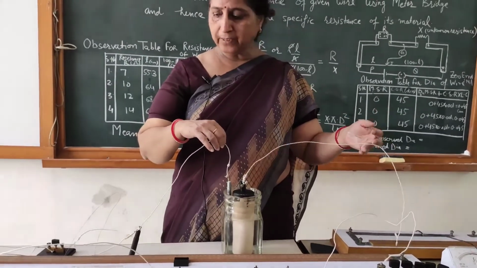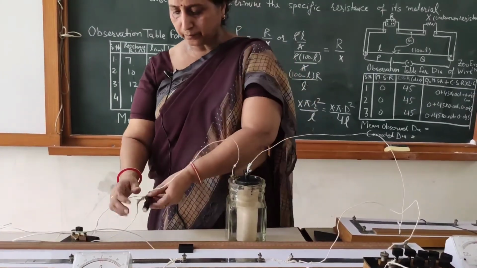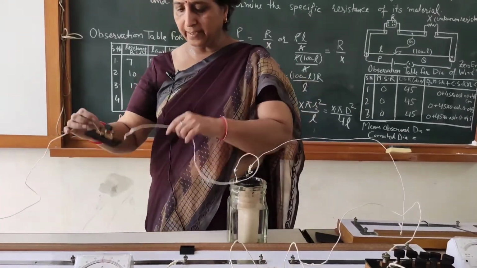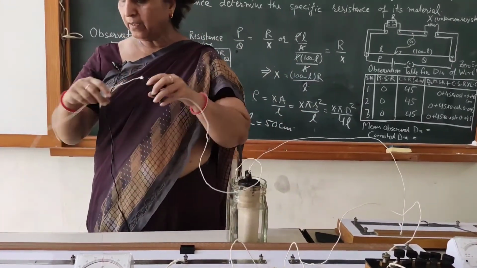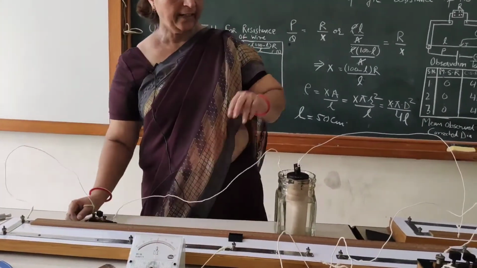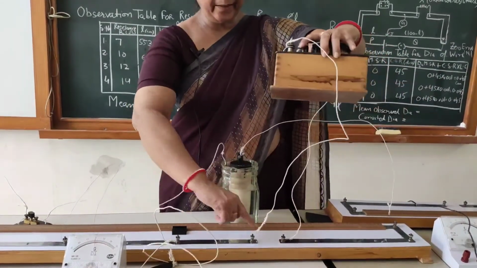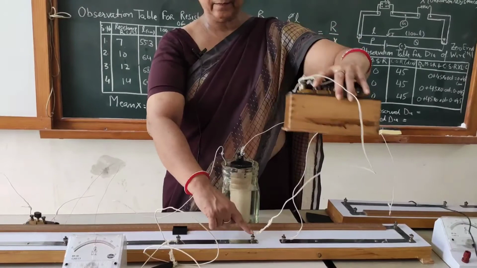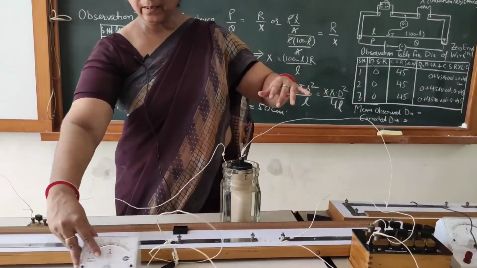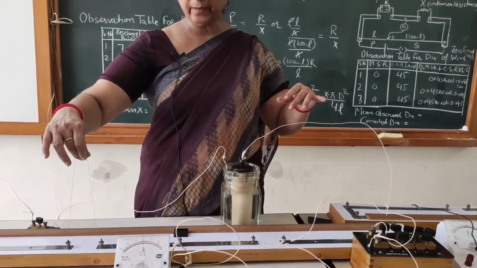The negative terminal of the cell is connected to the key. This key is connected to the negative terminal, and then it is connected to the other end of the wire. Then you can see this is the resistance box which I have connected in between these two terminals, and in between these two terminals I have connected the thin wire whose resistance we want to determine.